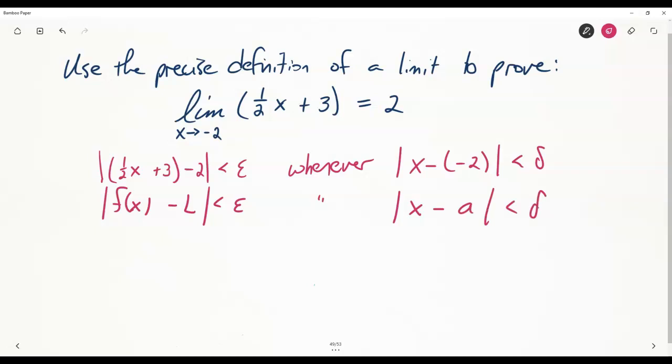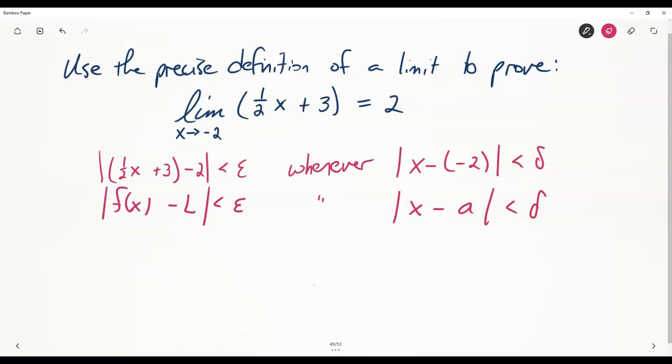Now, when I flip this slide to the next screen, this last line that I just wrote is going to disappear. But I'm just showing that all I did was I took this line from the definition and just plugged in the values that we know. Notice that we don't know epsilon.